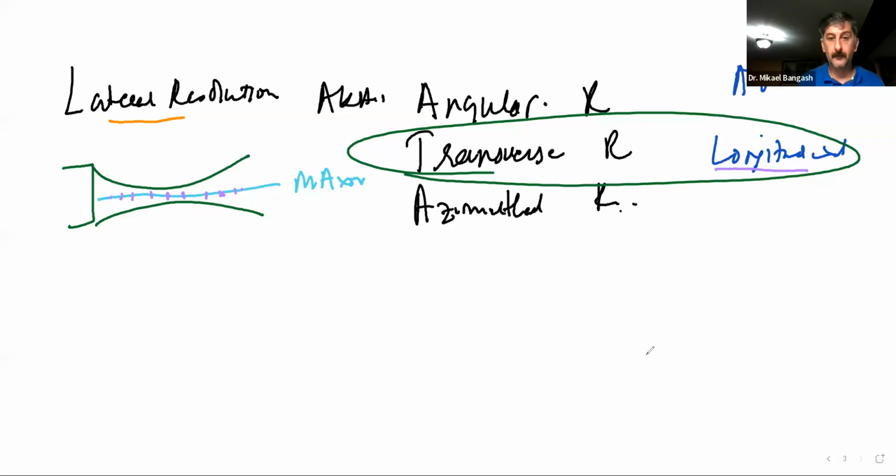So again, transverse. Transverse to what? A line transverse here, to the beam's main axis.